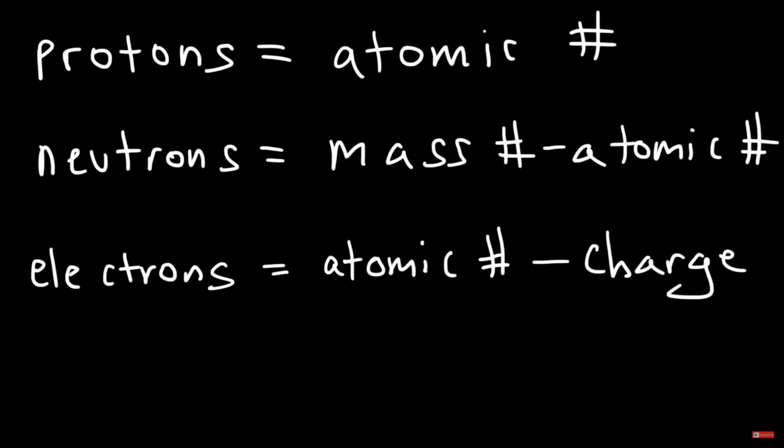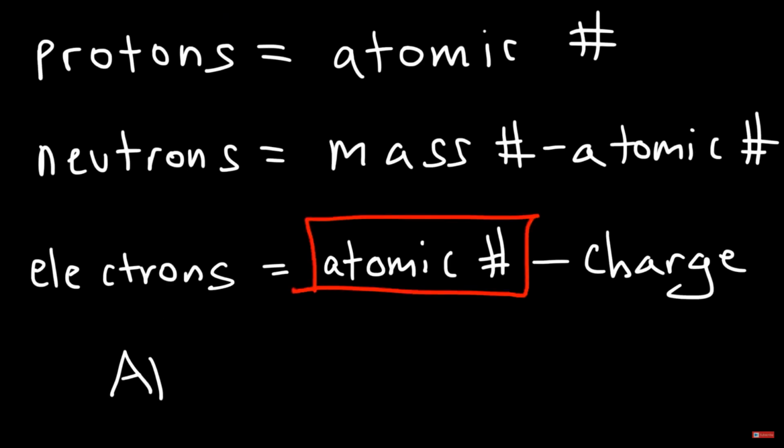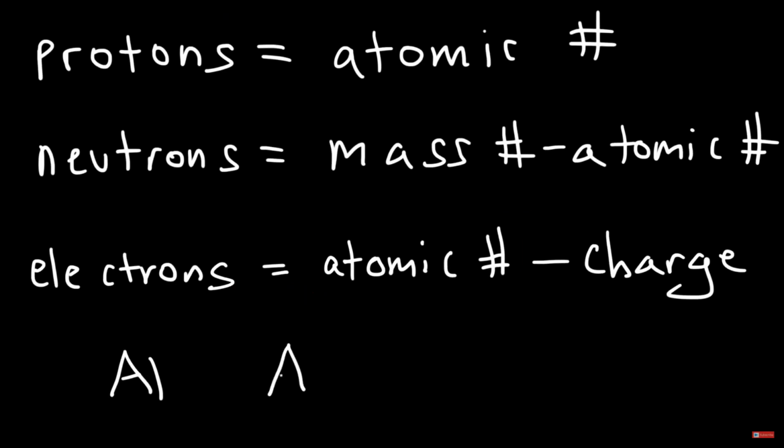So for an atom, let's say like aluminum, which doesn't have a charge, the charge is 0. The electrons will thus be equal to the atomic number. So for an atom, the number of electrons and protons are the same because the atom is neutral. But if we have an ion, let's say a positively charged cation, then the number of electrons will change.